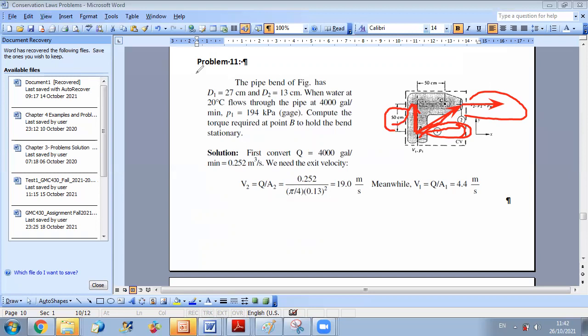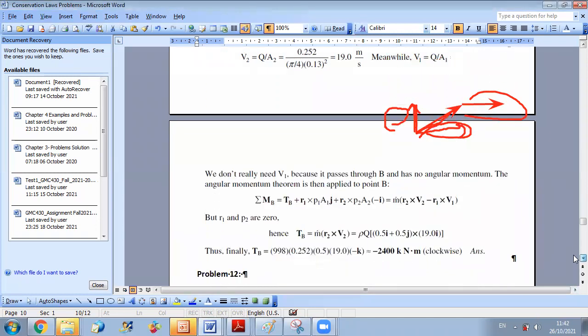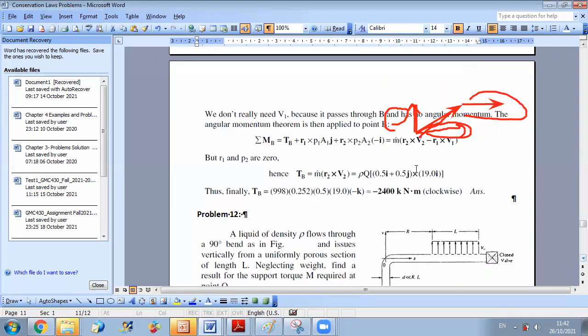So you will end up with 50 j vectorial m dot V2 i, and j vectorial i will give you minus k. So if you go back to this result, you will get that TB is along minus k, since when you do the expansion, i vectorial i is 0, and j vectorial i is minus k. So you can deduce that your moment TB is a clockwise moment.